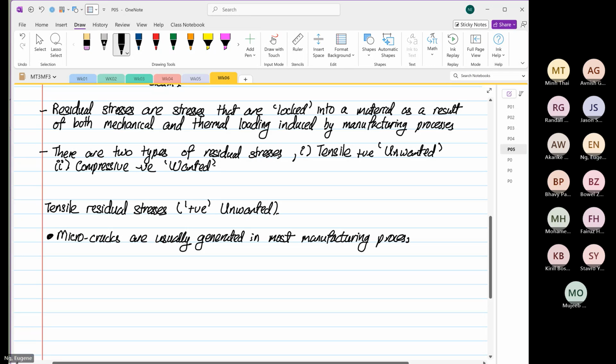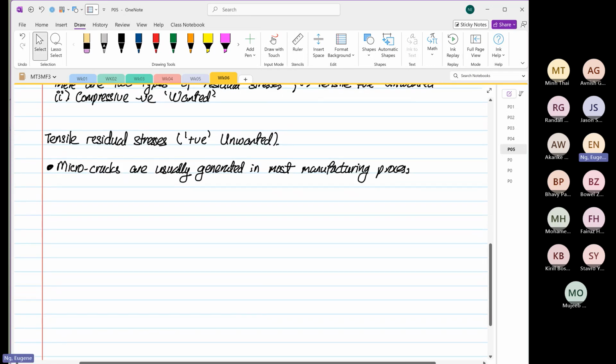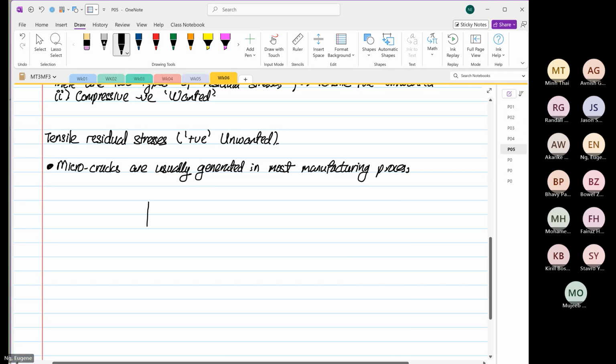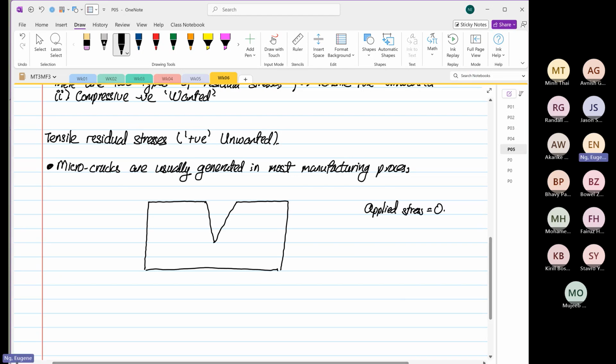Okay. So if we have a material, as I said, you're bound to have micro cracks. So at this stage, the applied stress is equal to what? Is 0.